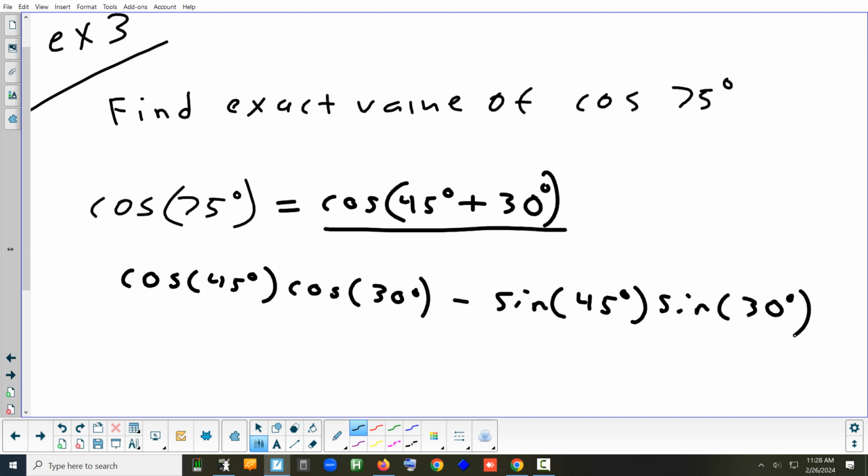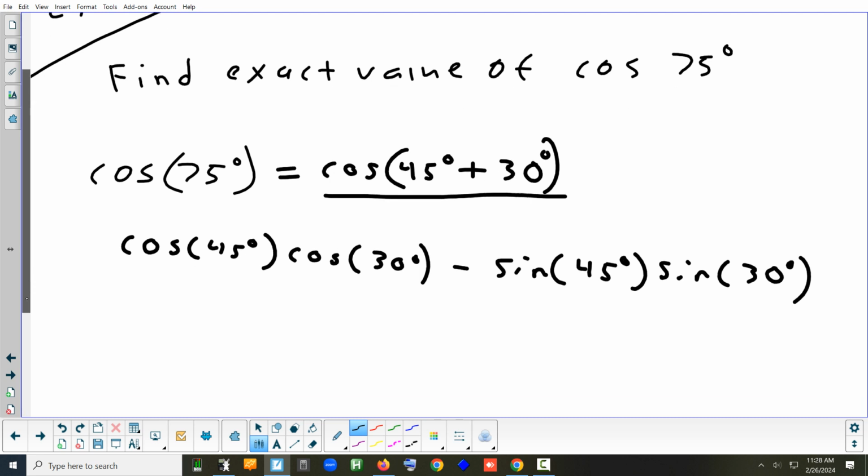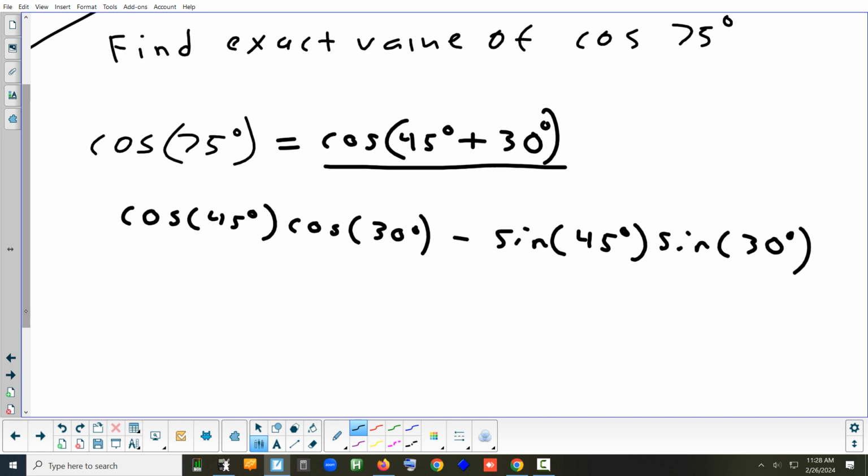We've done all those before. I think we did them all in the first problem. What's the cosine of 45? Square root 2 over 2. It's the x value of the 45-degree angle. When you do a 30, what's the x value? Root 3 over 2.